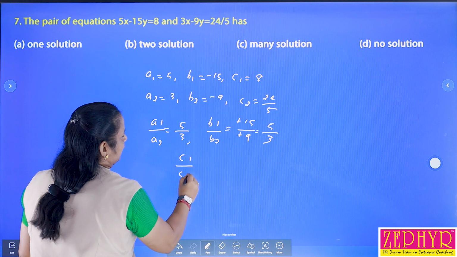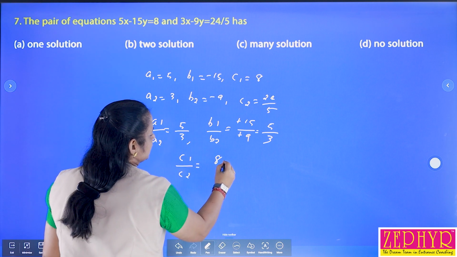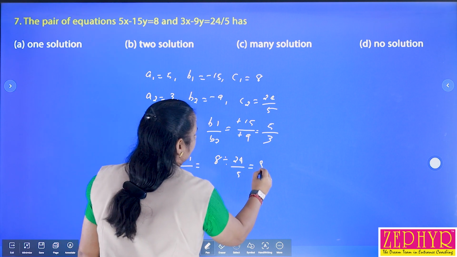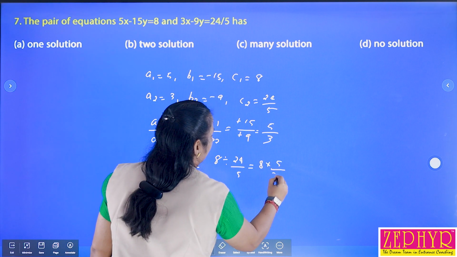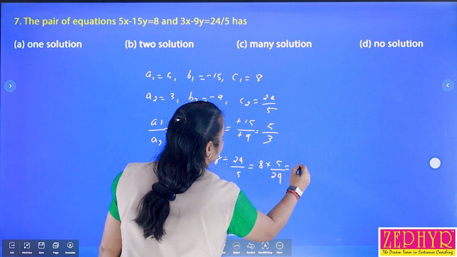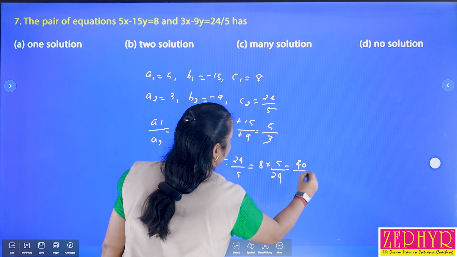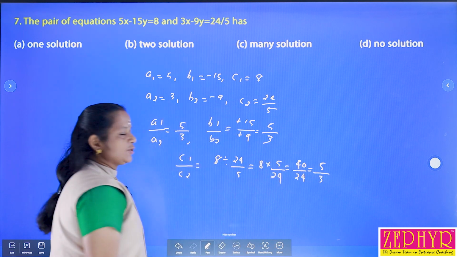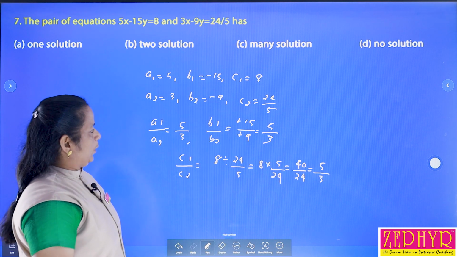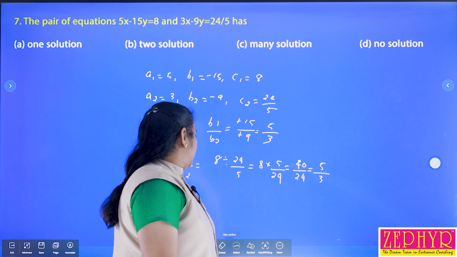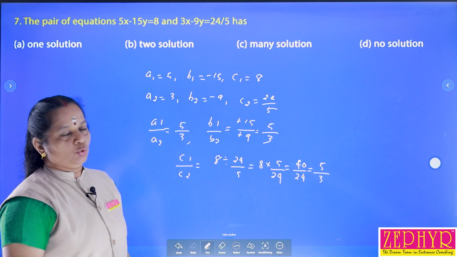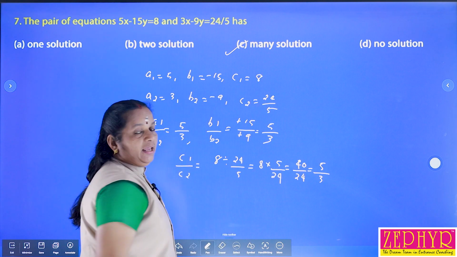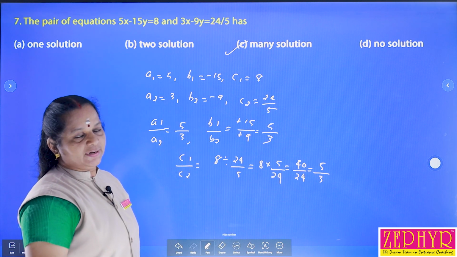Then c1 by c2 is 8 divided by 24 by 5, or 8 into 5 by 24, or 40 divided by 24. We can reduce this again to 5 by 3. So we get a1 by a2 is equal to b1 by b2 is equal to c1 by c2. So these two equations have infinitely many solutions. That is the given condition.